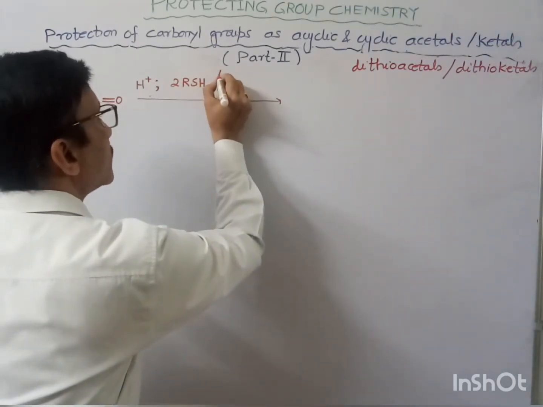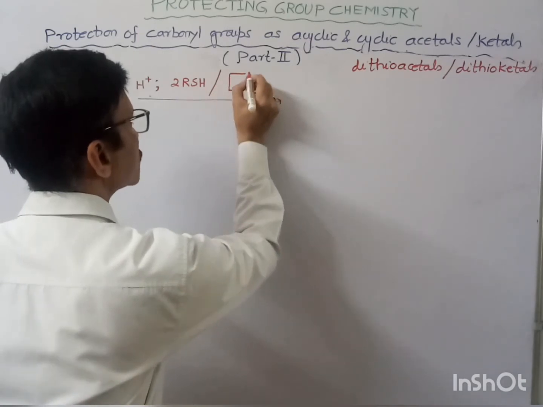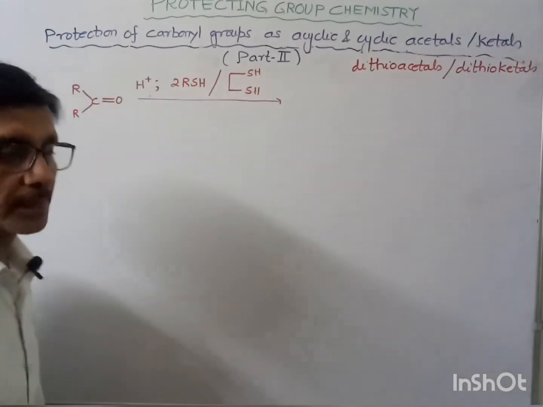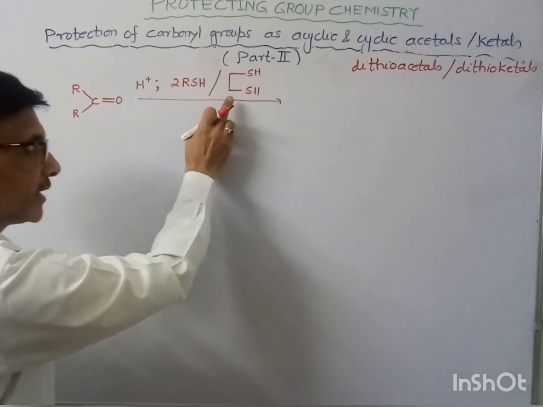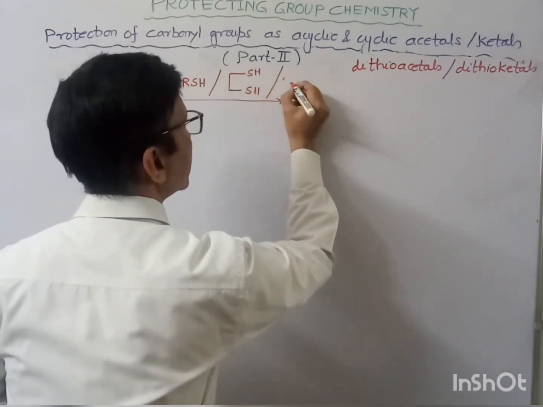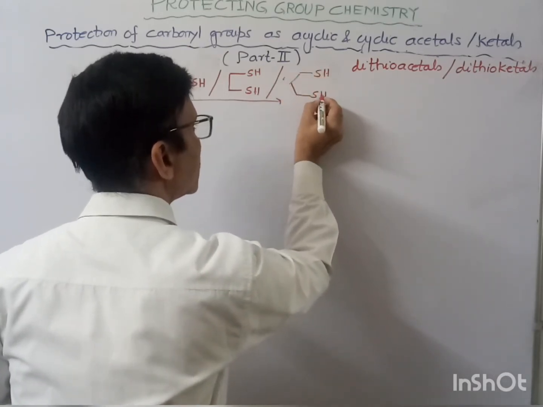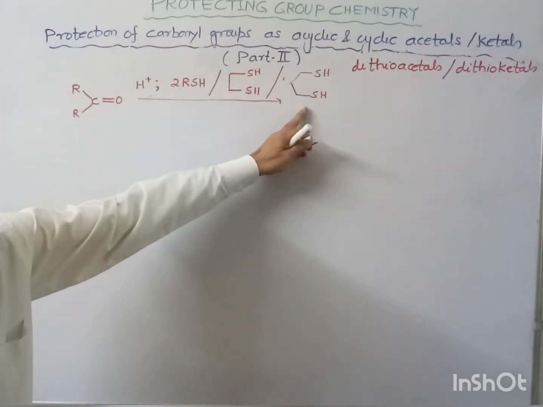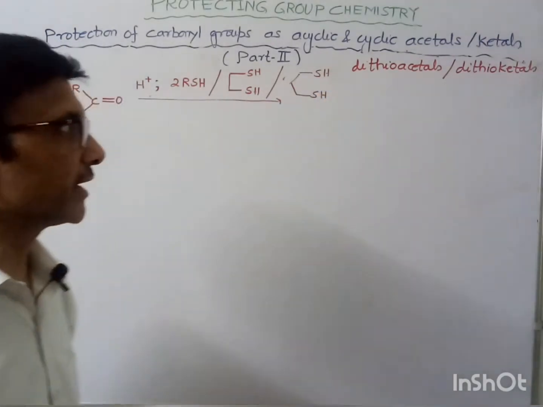Or in place of this thiol we may take a dithiol also to get a cyclic acetal or ketal. This will give you the 5-membered cyclic dithioacetal. And if we are taking 1,3-dithiol, then we will get a 6-membered cyclic dithioacetal or dithioketal.